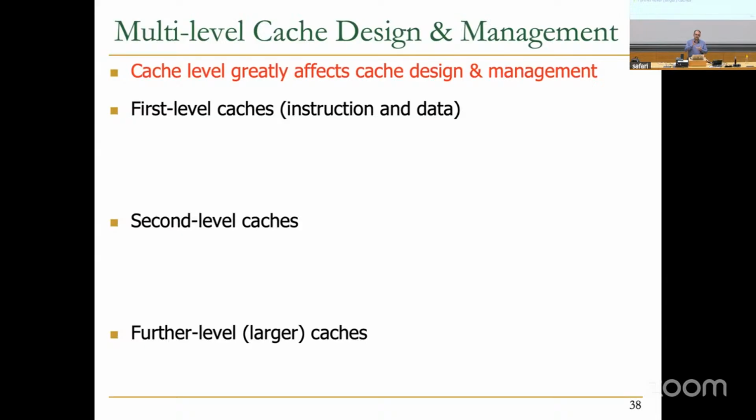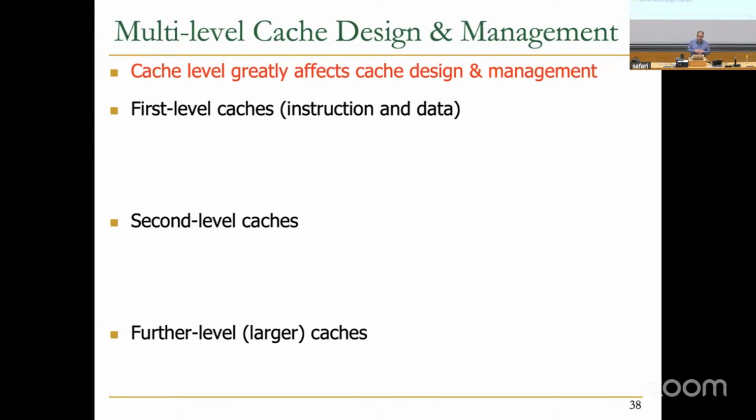So at the L1 level, the most important thing for you is that you want to be fast. Because in order to keep your pipeline full, you should be able to access your L1 cache very fast. And that's the most important design decision that you should consider. So that's why L1 caches are not very large. I mean, they are relatively small.